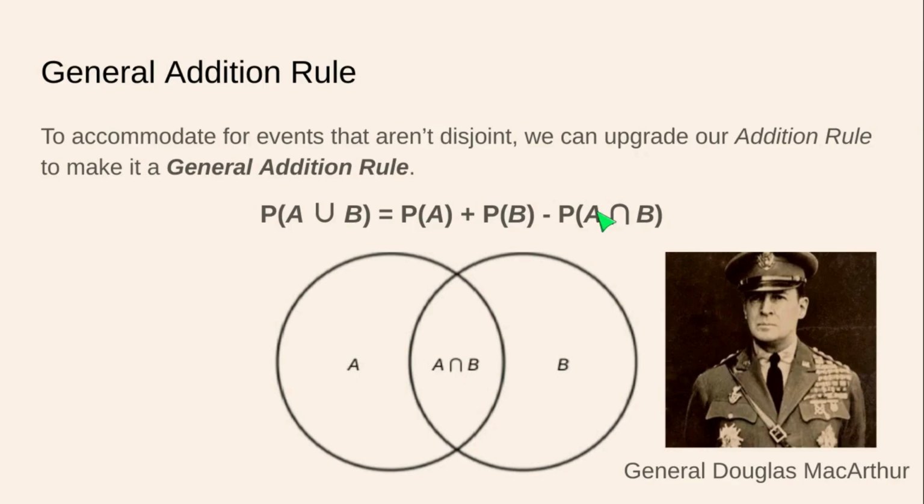If I don't have this last part of the formula where I take away that intersection, I would be counting this intersecting part twice. Then I wouldn't be finding the probability of A or B. I'd be finding the probability of A or B, and oh yeah, we're going to double count everybody in this group right here, but we don't want to do that. So we find the probability of A, that's this circle, the probability of B, this circle, and that part we just included twice, we subtract it out.